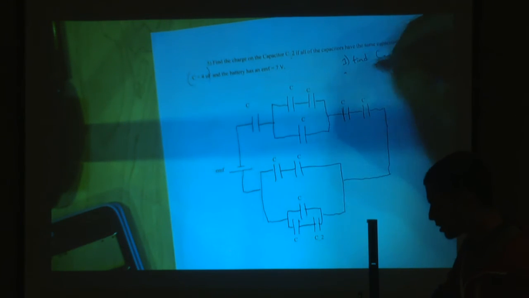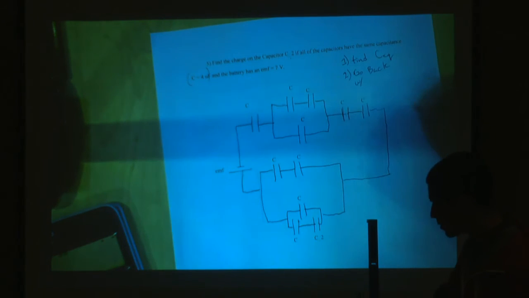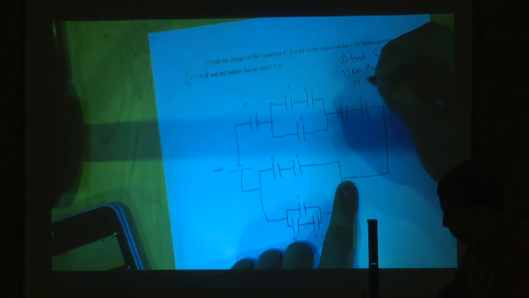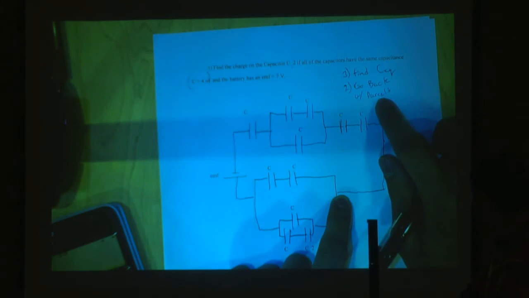So if we know in parallel, are we going to keep V or are we going to keep our charge Q? Our potential or charge? In parallel, we're going to keep the V. In series, we're going to keep our charge when we break it up.